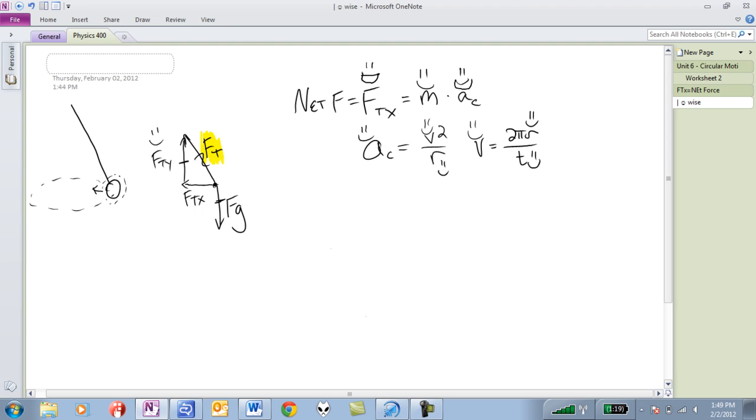But now you know the Ftx, which means we go back on over here. And once you know two sides of the triangle, you're good to go. Through our good old a squared plus b squared equals c squared, or Fty squared plus Ftx squared is equal to Ft squared.